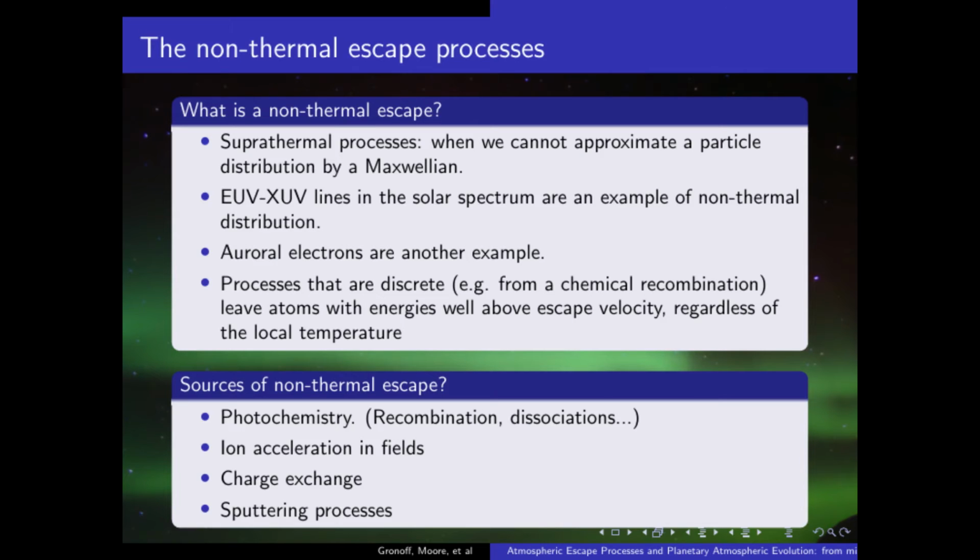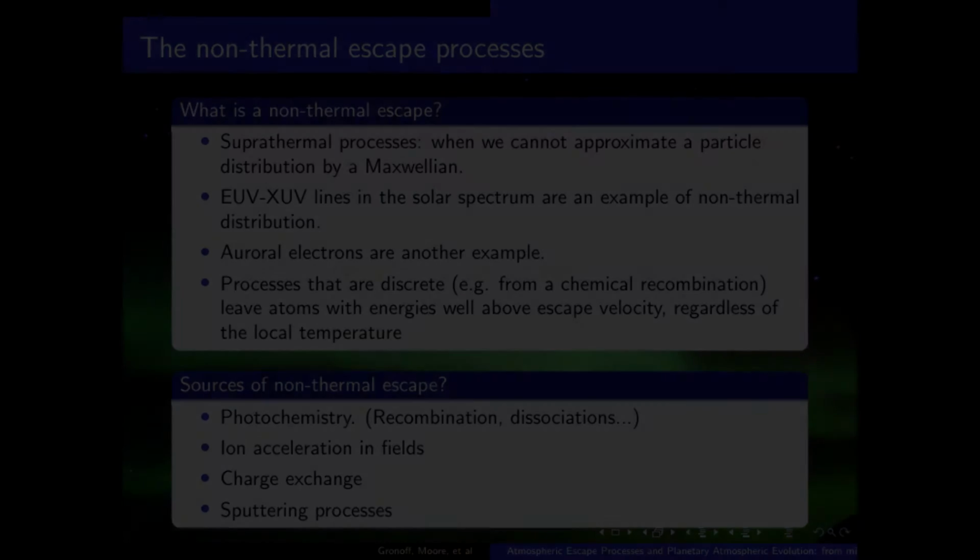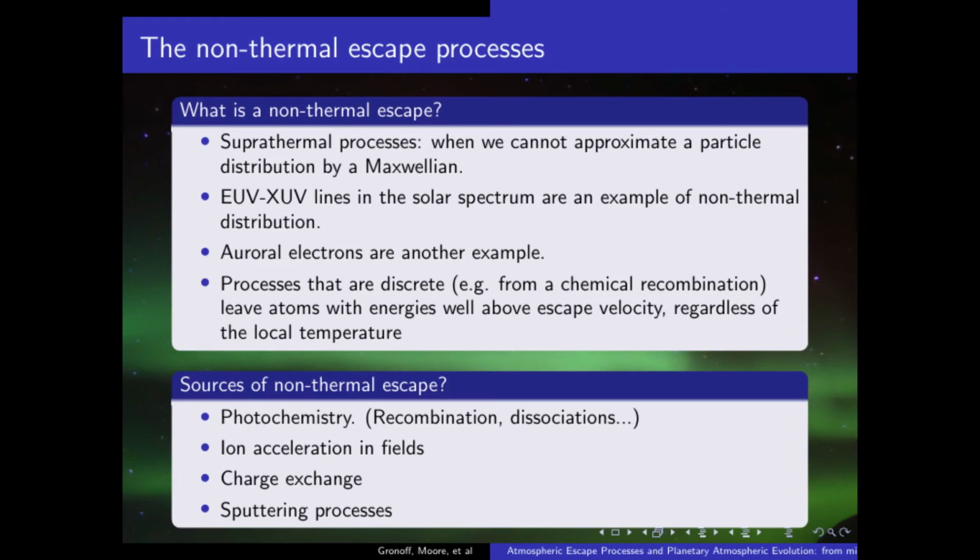However, it's important to know that thermal process is not the only source of escape, and we can have other sources that can become more important than thermal process even in the solar system right now, and it is non-thermal escape. What is non-thermal escape?